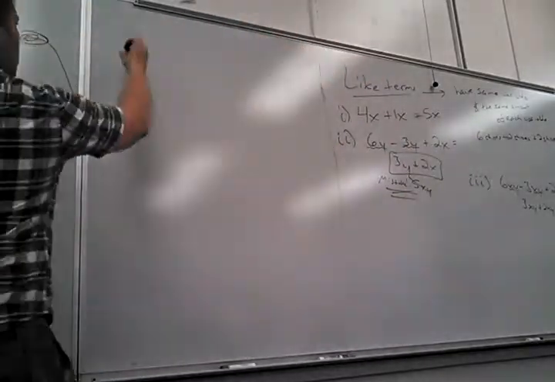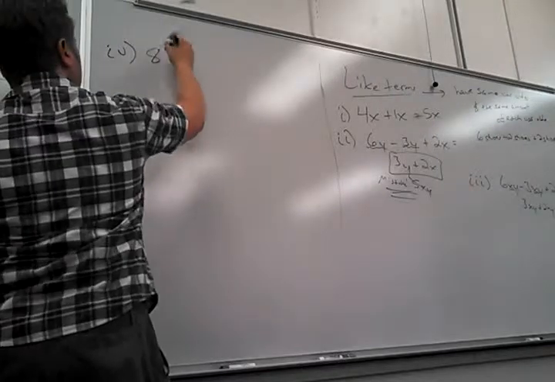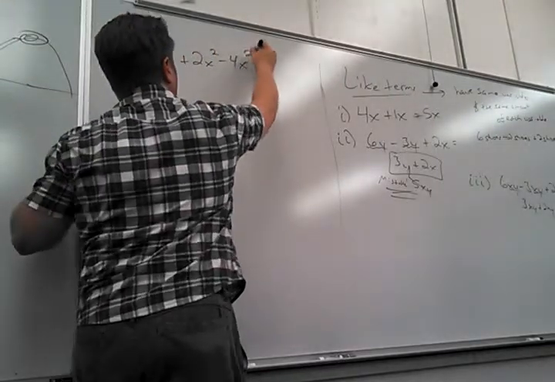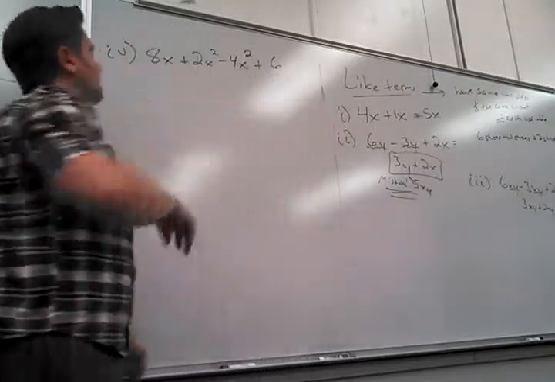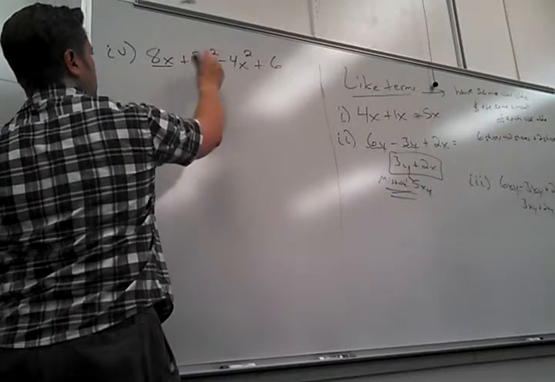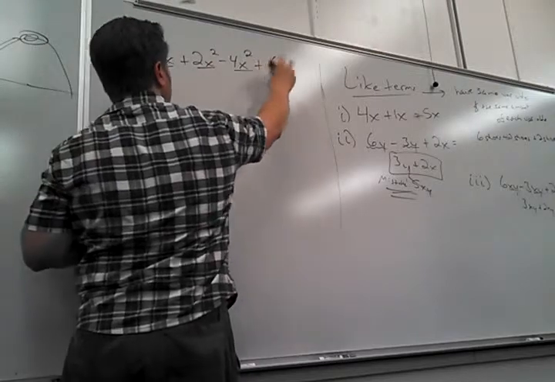So what do you think about this here? How many terms are there first? There are 4 terms, right? 8x plus the 2x squared minus the 4x squared plus the 6.